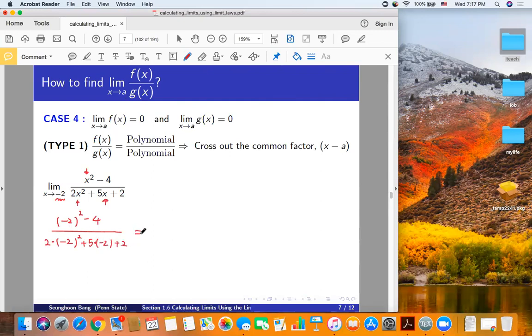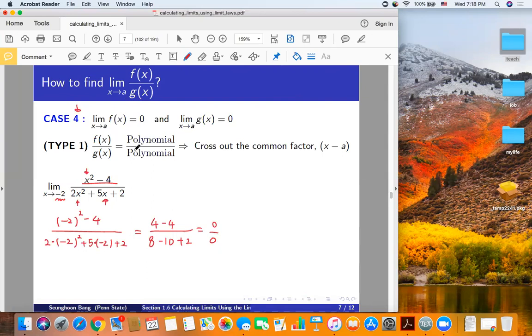The top one: negative 2 squared is 4, minus 4. The bottom: negative 2 squared is 4, 4 times 2 is 8, 5 times negative 2 is negative 10, plus 2. So we have 0 over 0 form. Exactly case 4. This is type 1.